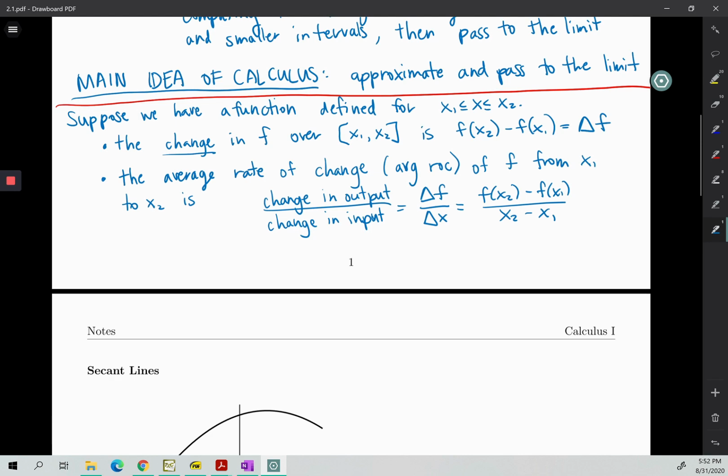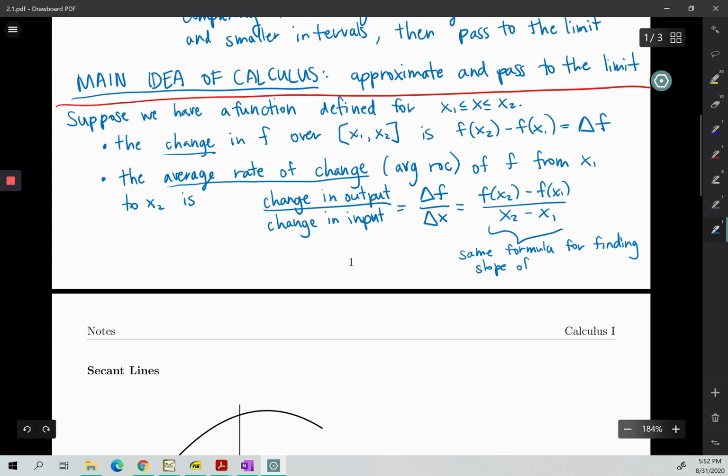Okay, so we have change, we have average rate of change. We also talked about instantaneous rate of change, but we don't have a formula for that yet. One thing you might notice is that this formula looks just like your formula for finding the slope of a line, and it really is connected to finding the slope of a certain line.